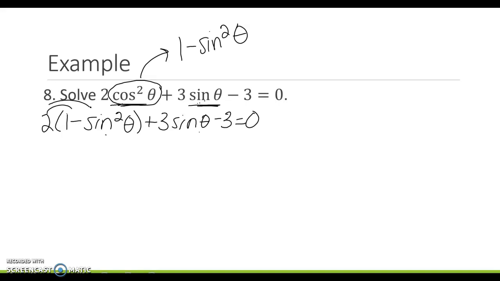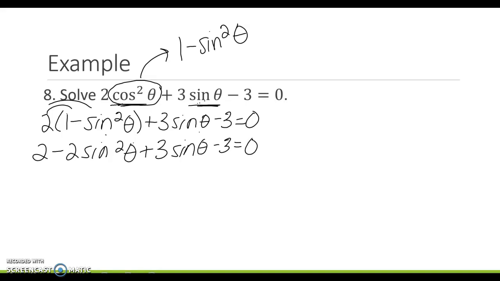Now I'm going to distribute this 2. Okay, and now I'm going to write this as I would want it to be written in order to factor.